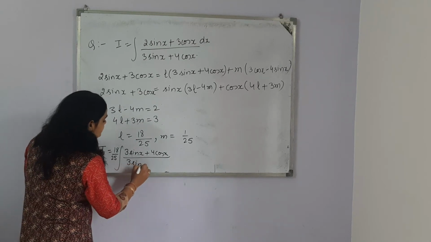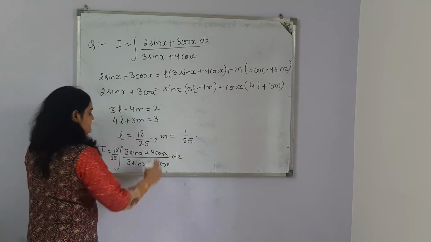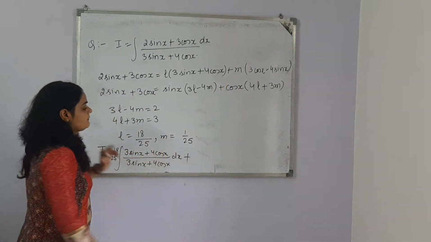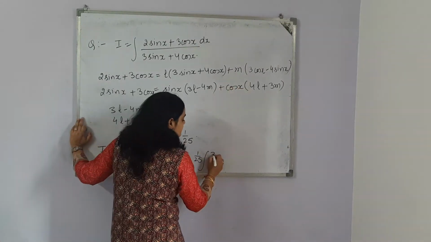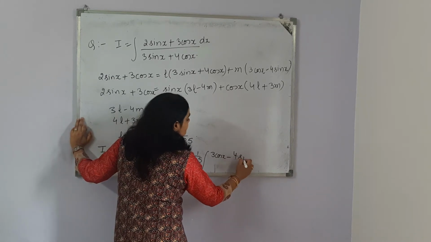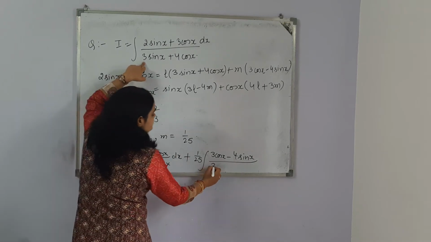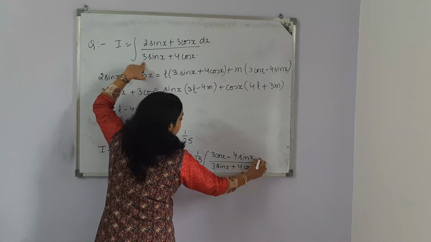It's 3 sin x plus 4 cos x dx. Now plus m is there. What is m? m is 1 by 25, times (3 cos x minus 4 sin x) whole upon the denominator, 3 sin x plus 4 cos x, dx.